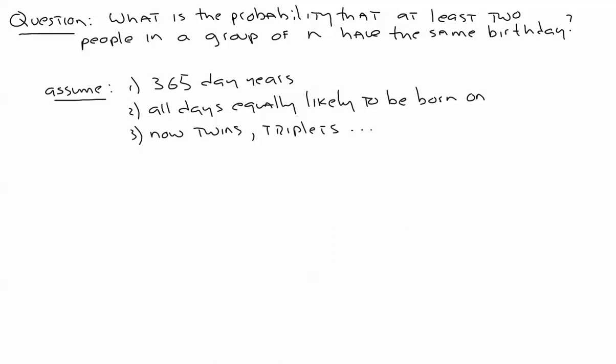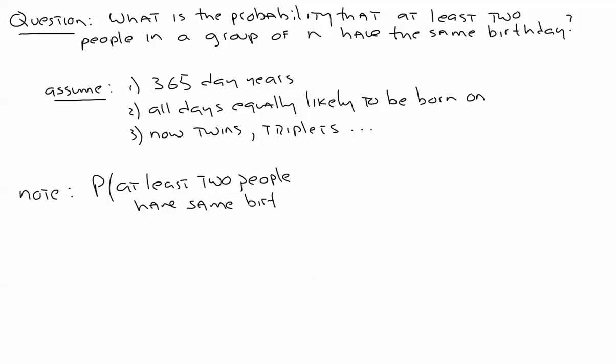And we're going to solve the problem somewhat in reverse. The probability that at least two people have the same birthday equals 1 minus the probability that no two people have the same birthday.